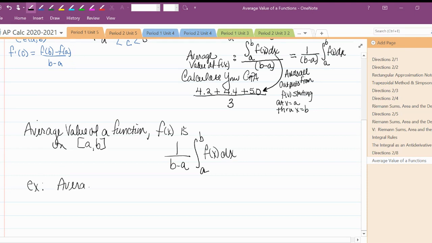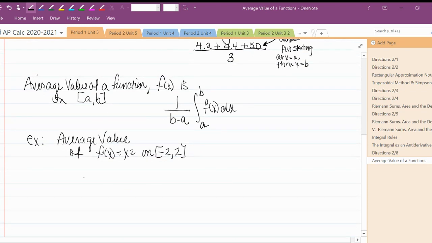Find the average value of f of x equals x squared on the interval from -2 to +2. So our formula for average value is we are going to take 1 over b minus a times the integral from a to b of x squared dx.